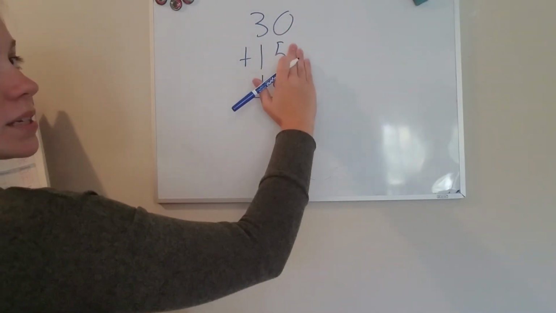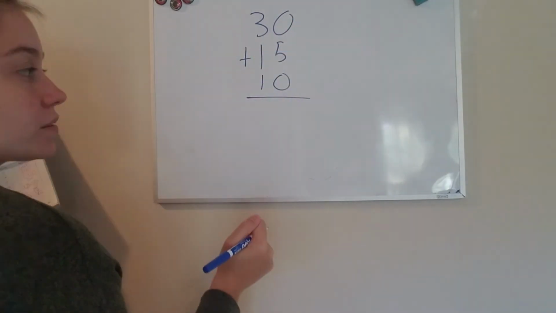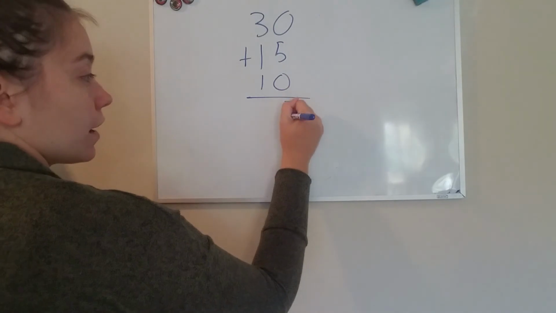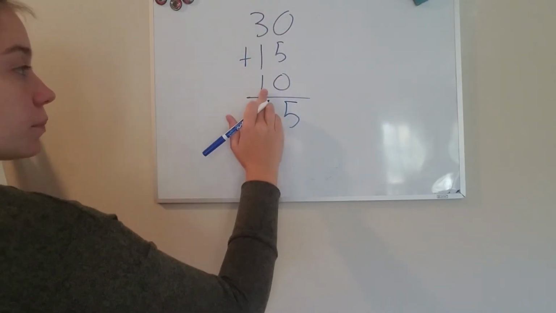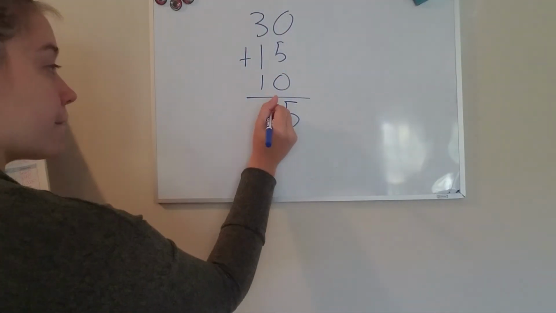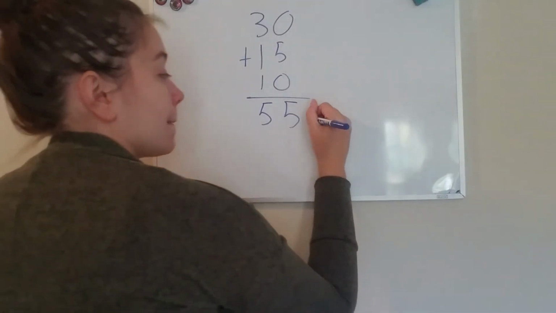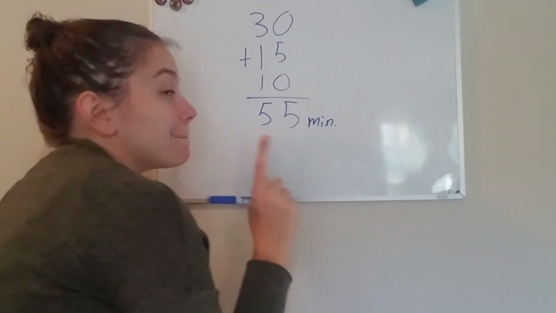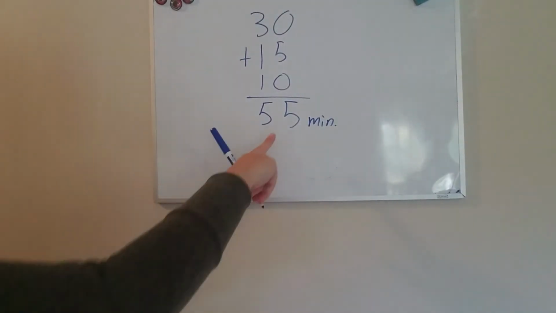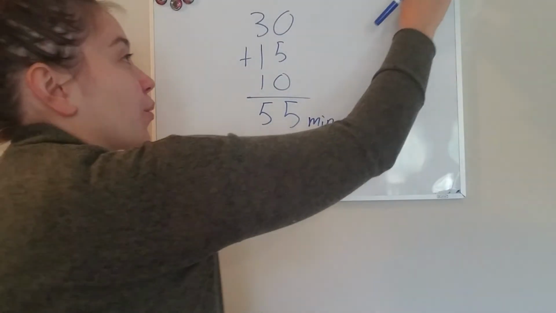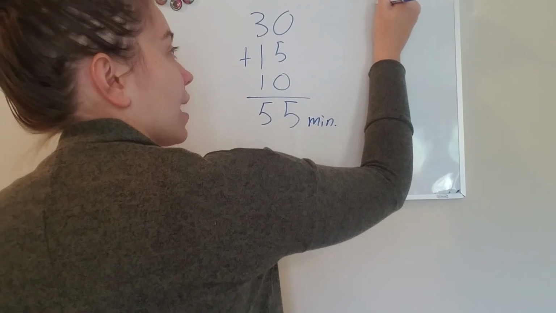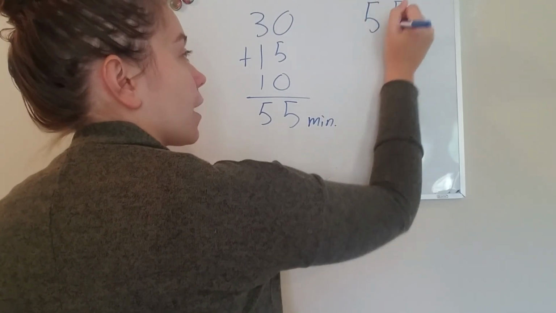So 0 plus 5 plus 0 is 5. 3 plus 1 plus 1 is 5. So he spent 55 minutes. But they want to know how many seconds.